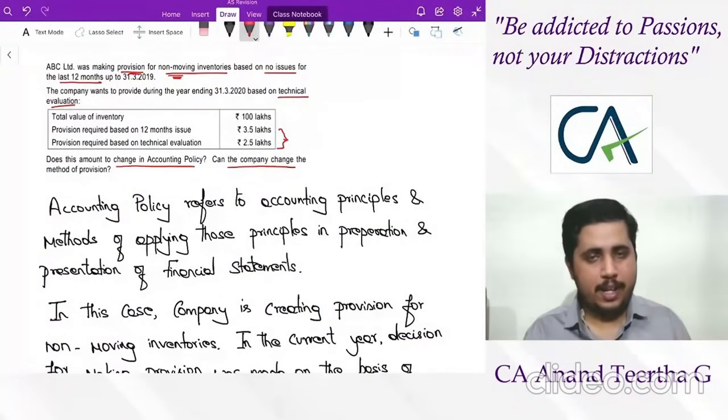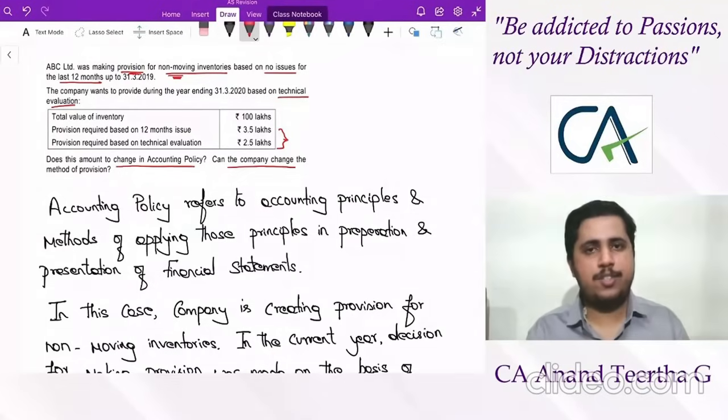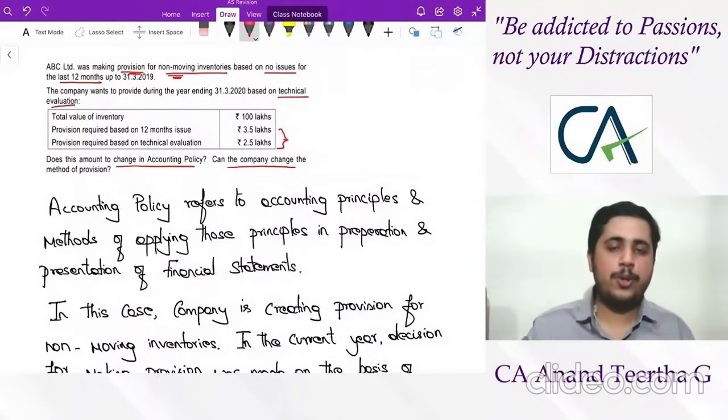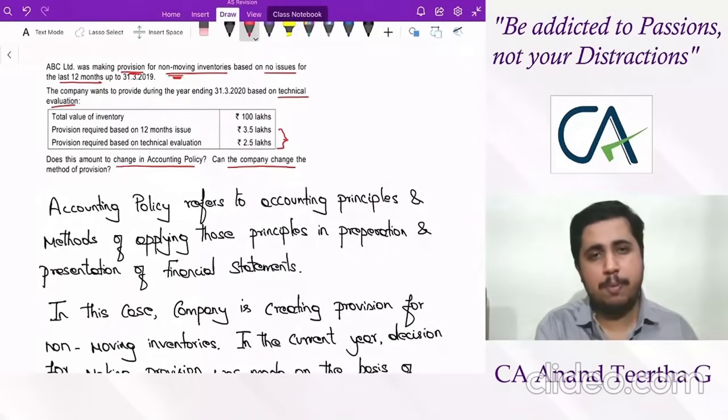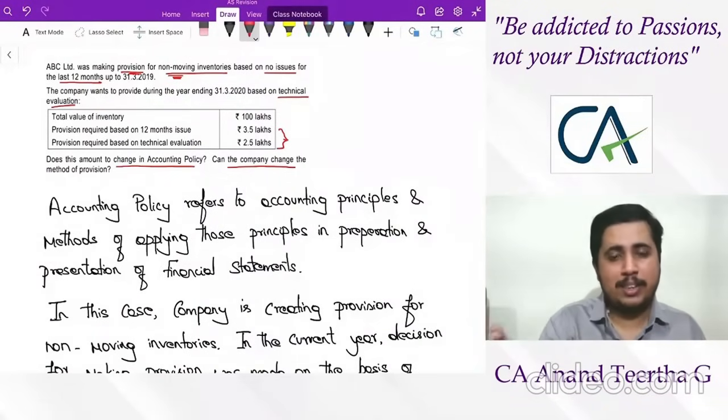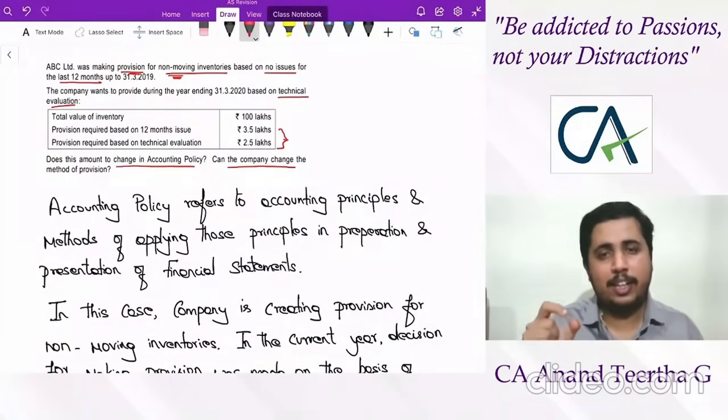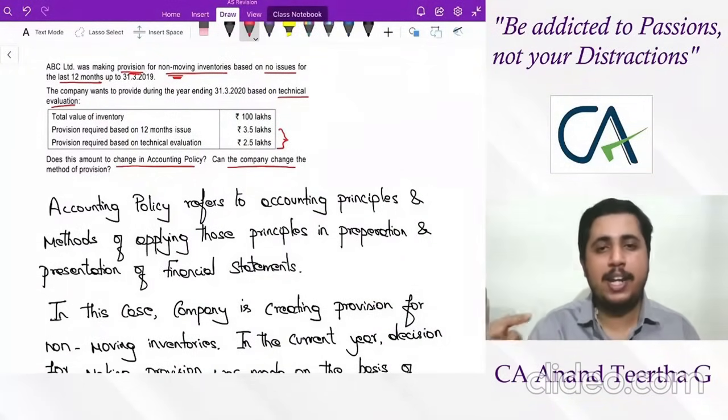Whenever there is non-moving inventory, you want to create a provision. So non-moving inventory valuation became the principle, and the method for considering the true profit is creating a provision.